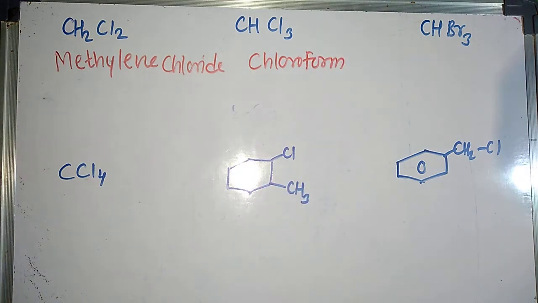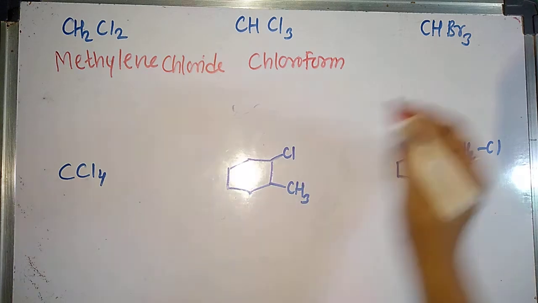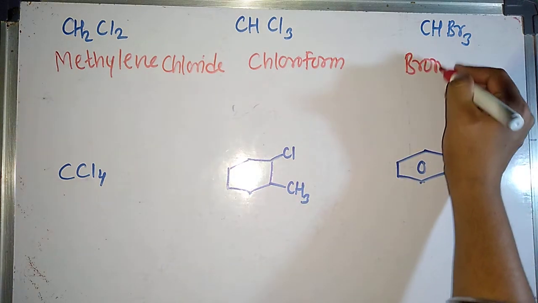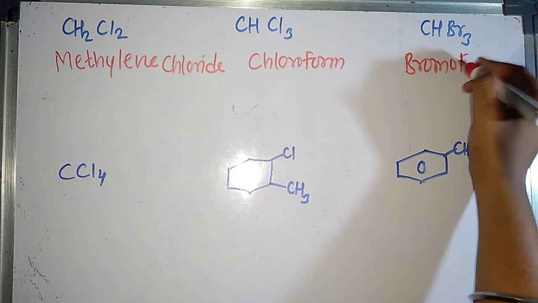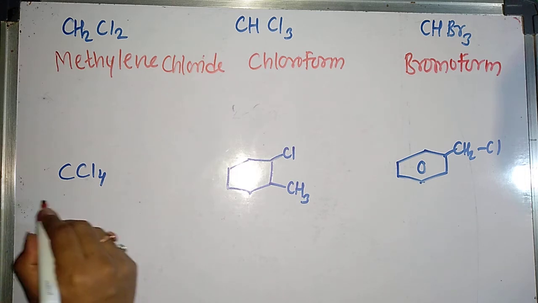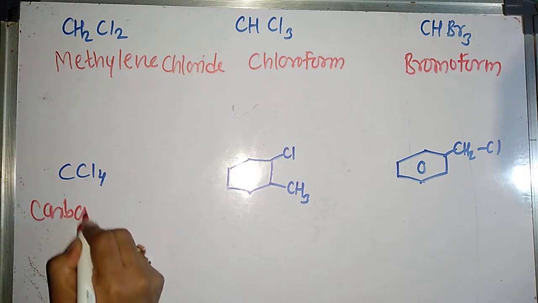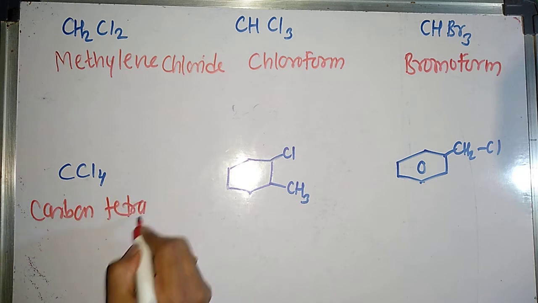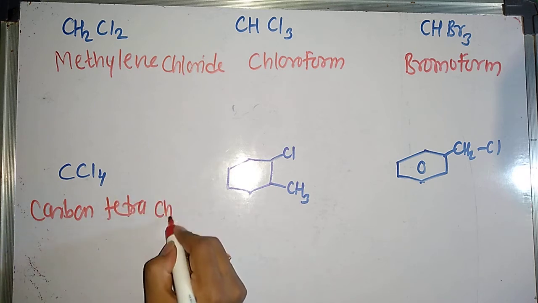Remember, CHX3 is called haloform, so CHCl3 will be chloroform. CHBr3 will be bromoform. Similarly, CHI3 will be iodoform. CHF3 will be fluoroform. CCl4 is there, which is called carbon tetrachloride in the common name.